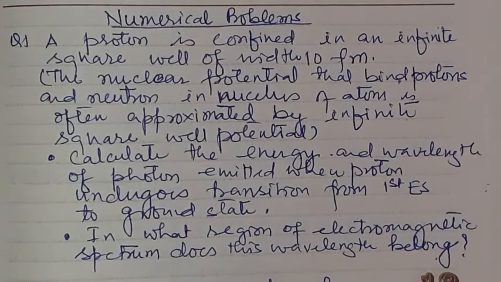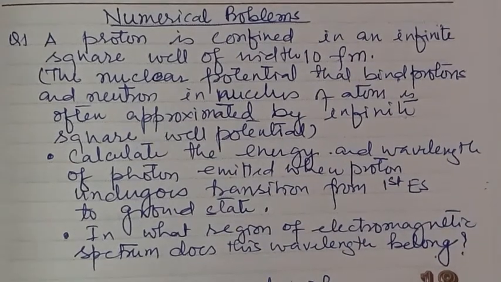Conceptually, we have formulated our problem as a particle in a box or infinite potential well. In this problem, the quantum particle is a proton, so let's try to solve it.